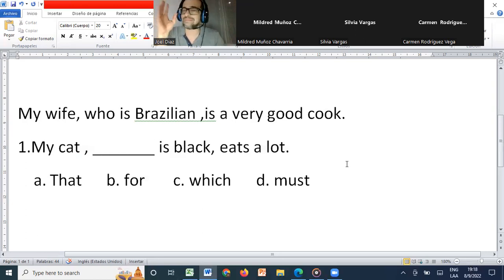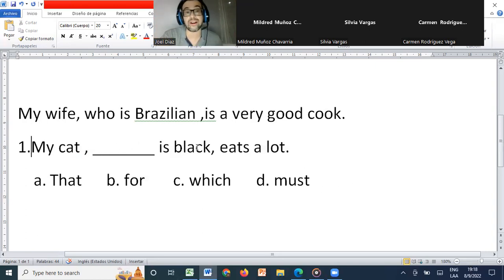Please, again. You said, for example, that that is not used in a non-defining relative clause. Correct. So please, because again, I'm a little bit overwhelmed today with a lot of things, if you see that I'm saying something nonsense, let me know. Yes. Non-defining, right? So in this case, this is non-defining.